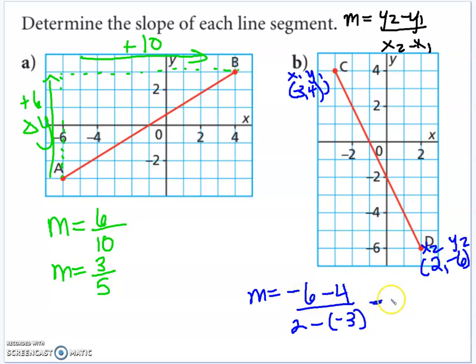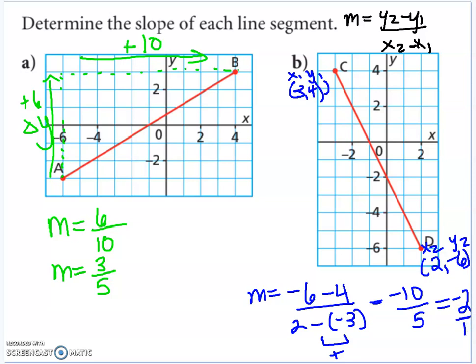So we have -6 minus 4, that's -10. And then 2 minus -3, that gives me a +3. So over 5. And then -10 divided by 5 is -2. Okay, so the slope in this case means that for every 2 I decrease, I'm going to increase by 1. 2 over 1.